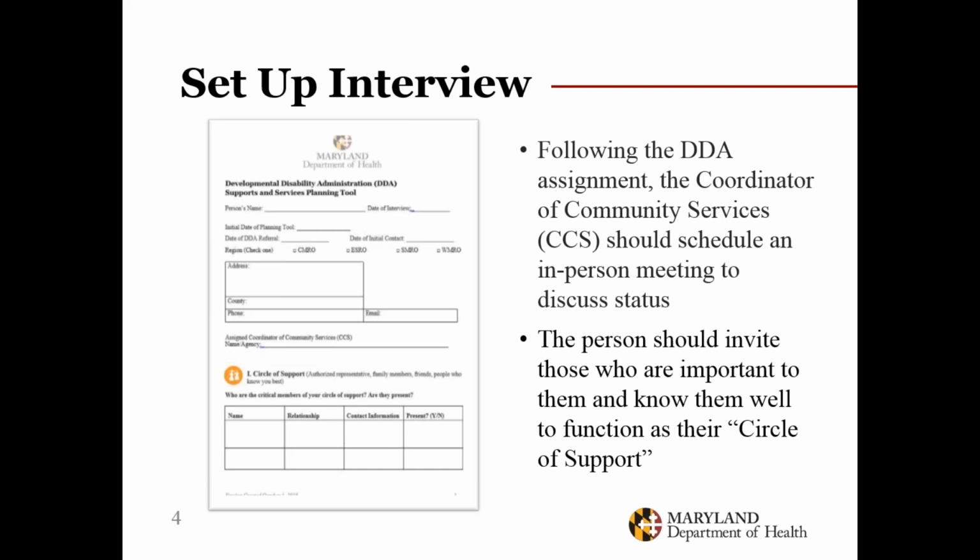This should include the authorized representative or guardian parent, and may include friends, relatives, and those who know the person best. Even if they can't be present at the interview, still list them if the person feels that they are a person who can best speak to who they are as a person, add to their understanding of their life goals, strengths, and challenges.